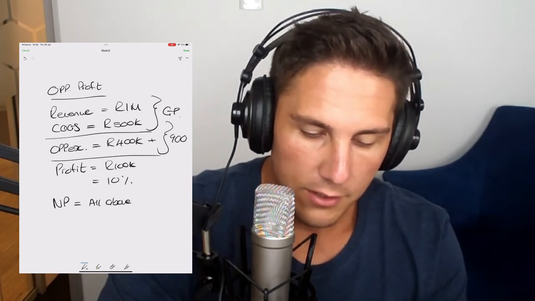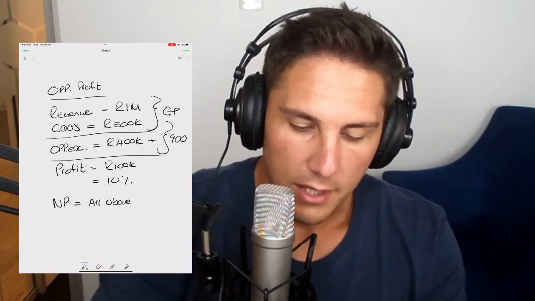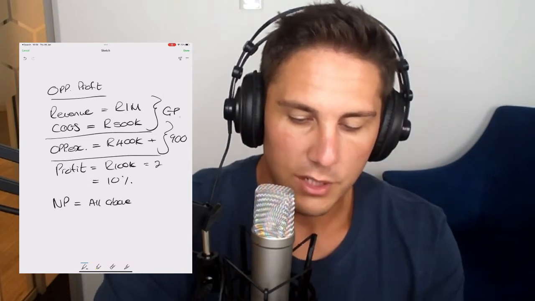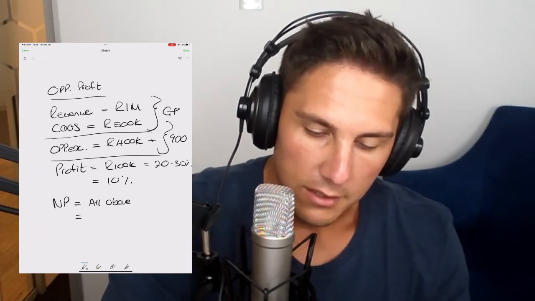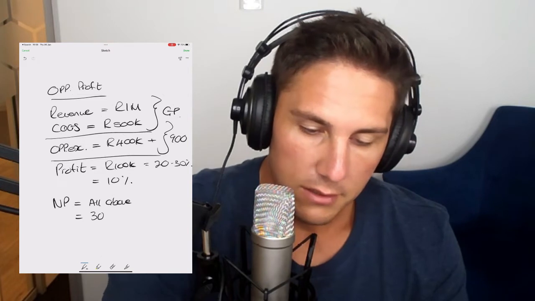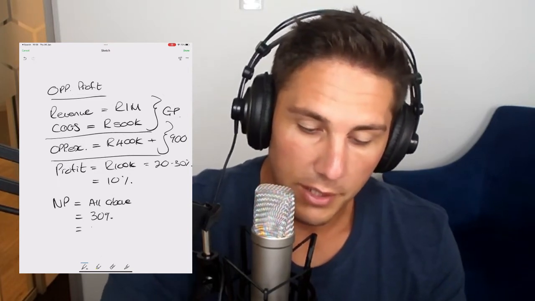So we've made 100k profit, and we're going to pay roughly between 20 to 30% tax on that, depending on your business and how it's registered, et cetera, et cetera. That would mean that we are going to pay 30,000 Rand.